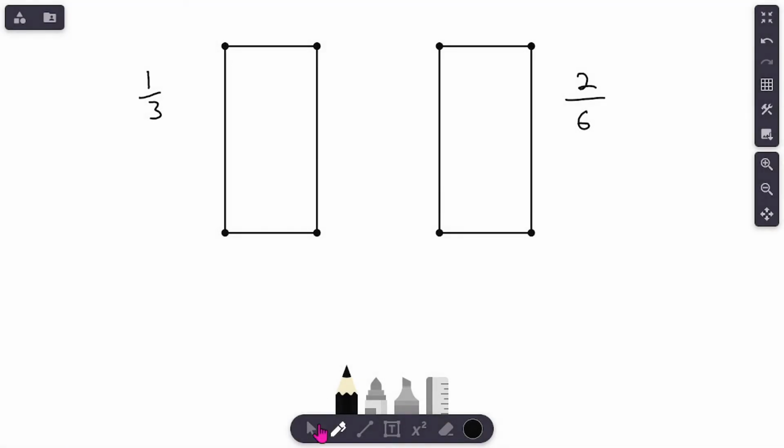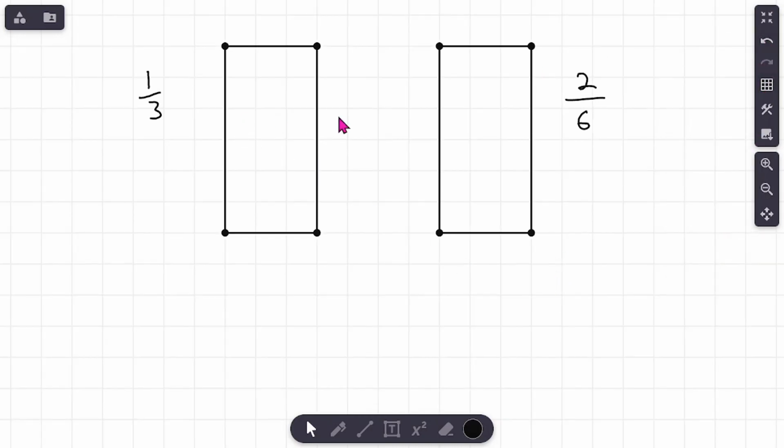All right, here is my final problem for you in this video. We've got two fractions. We've got 1/3. We've got 2/6. Hopefully, first thing you noticed was that my fraction models are the same size. That makes it really, really important because now I can compare them. Okay, let me draw these two fractions.